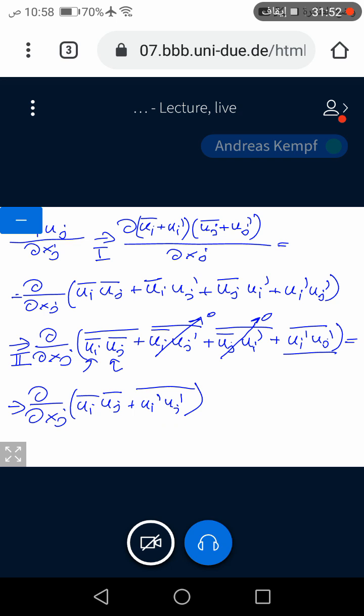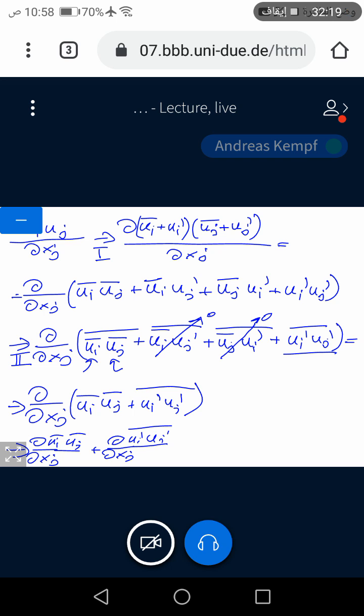So what we end up with is del xj of ui bar uj bar plus del xj of ui prime uj prime bar.